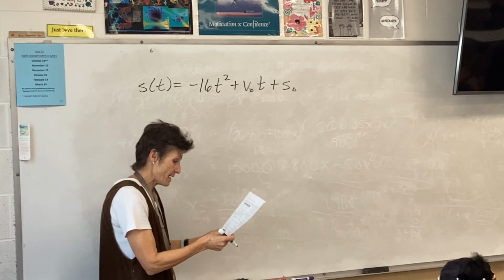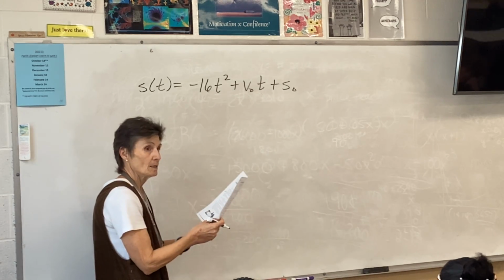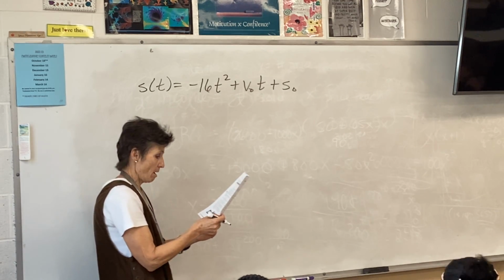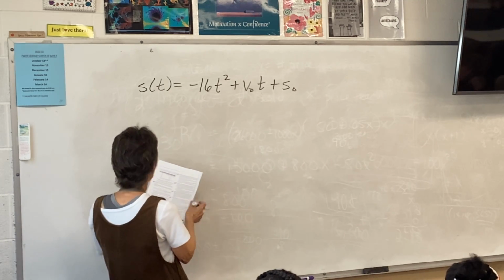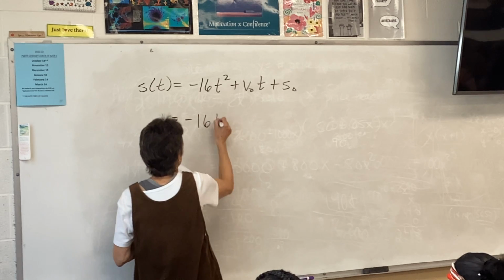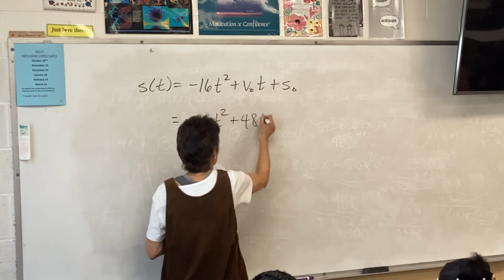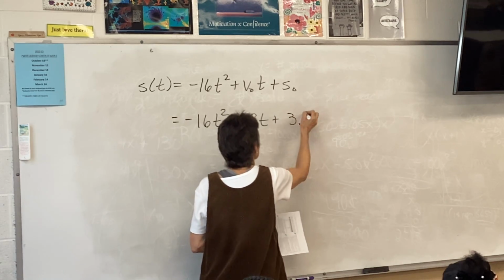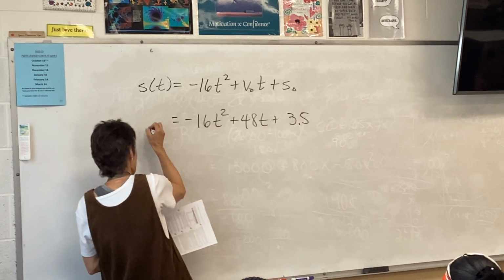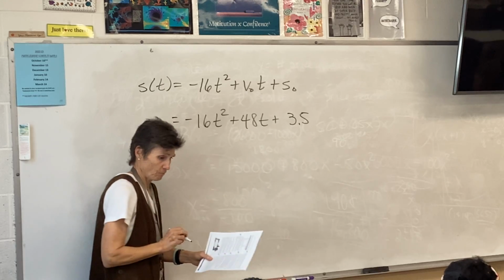So in this case, we have initial velocity of 48 and an initial height of 3.5. So here is our formula.